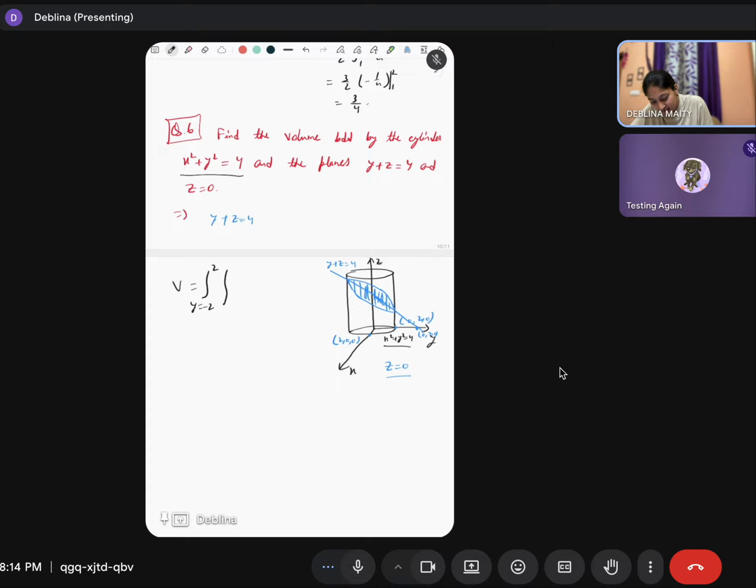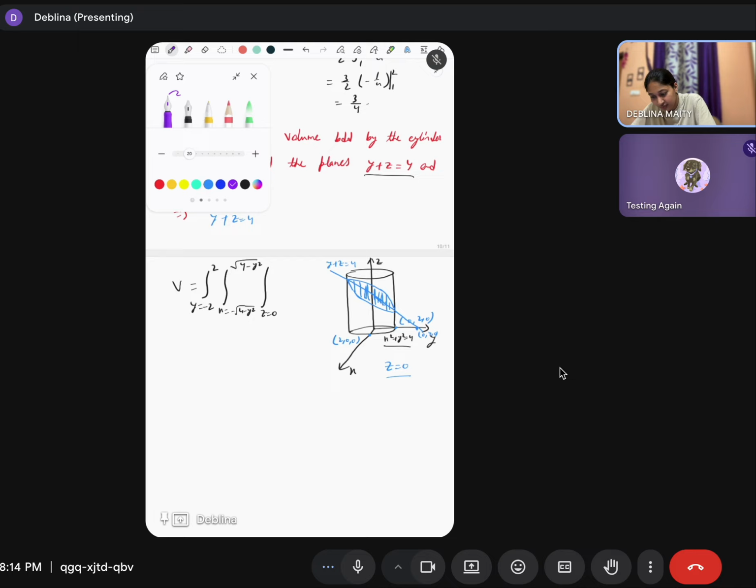It is a circle, so x runs from minus root of 4 minus y square to plus root of 4 minus y square, and z runs from the plane z equals 0 to this section. The equation of this section was y plus z equals 4, so it is 4 minus y, and this is dz dx dy.